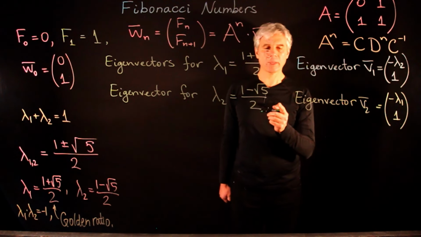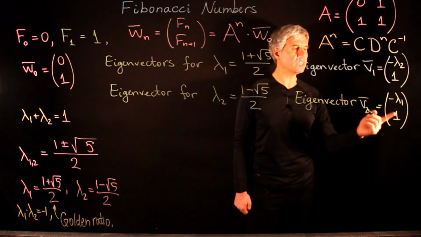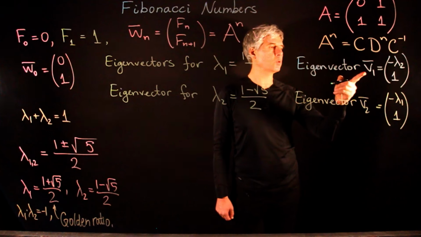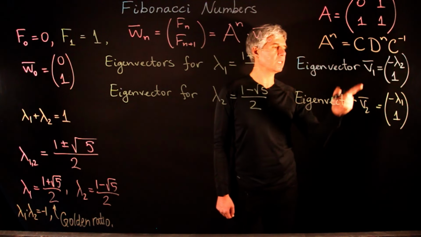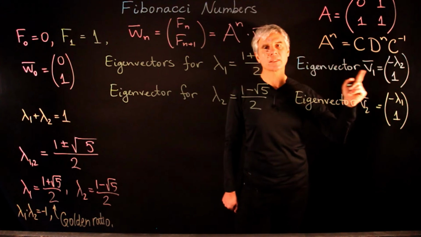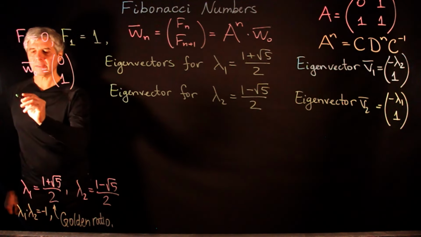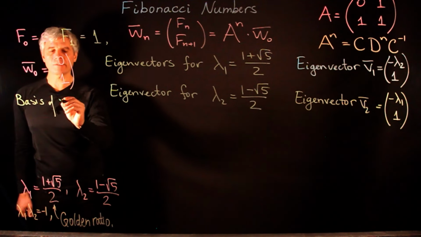I recommend that you carry out the calculation of the second eigenvector explicitly, and see that the difference between the computation of v1 and the computation of v2 is indeed switching the signs at the square root of 5 everywhere in your calculation. Now we get the basis of eigenvectors.